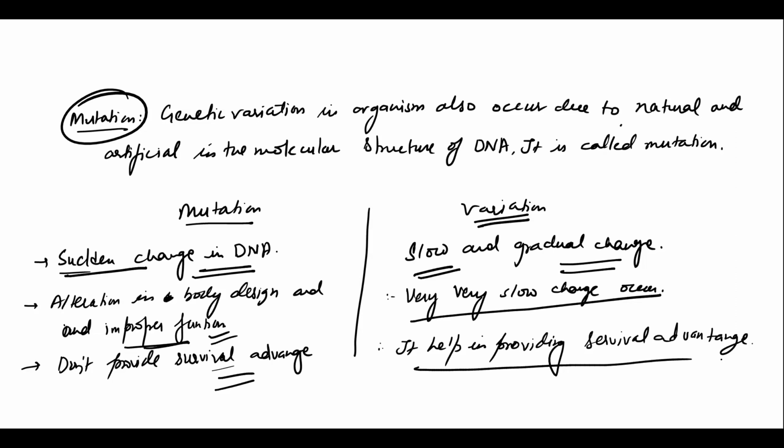So how does variation help in providing the survival advantage? Can you explain this with an example? Please note it down first. Everybody note it down. Yes.